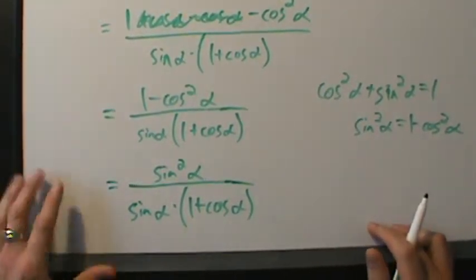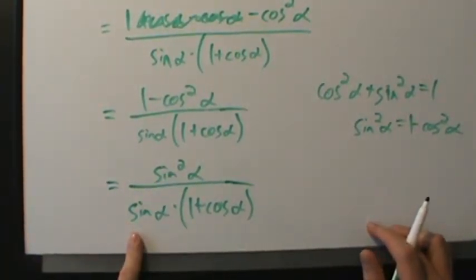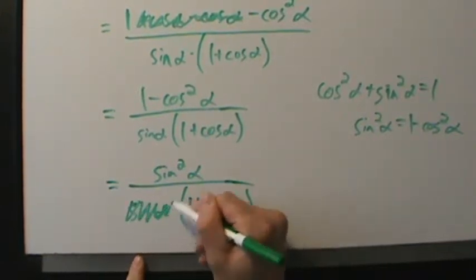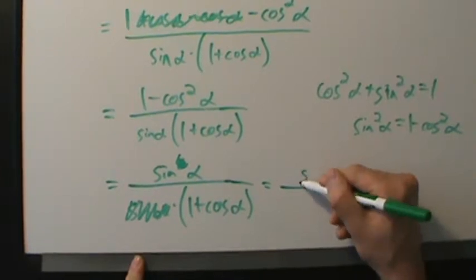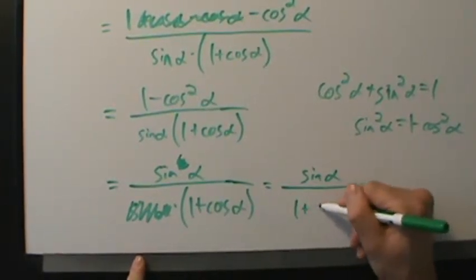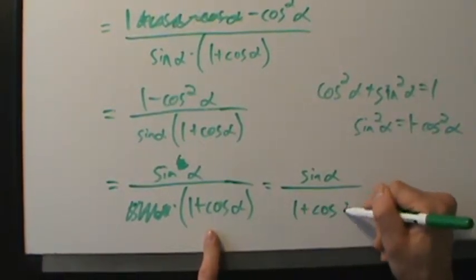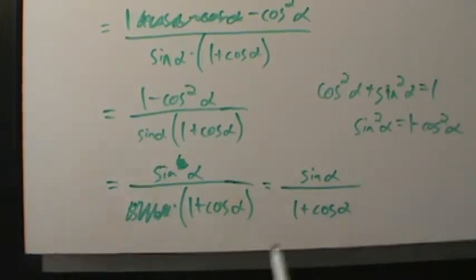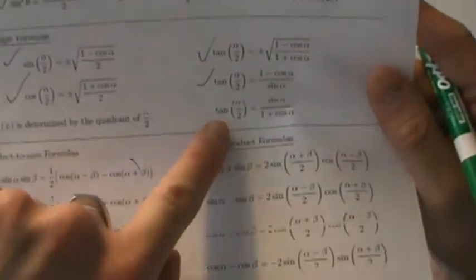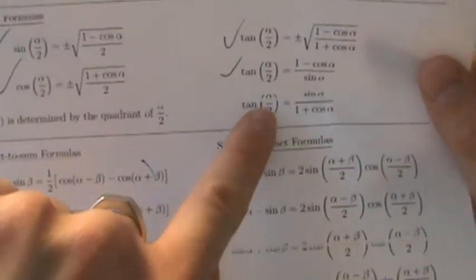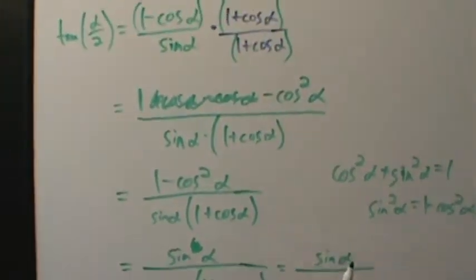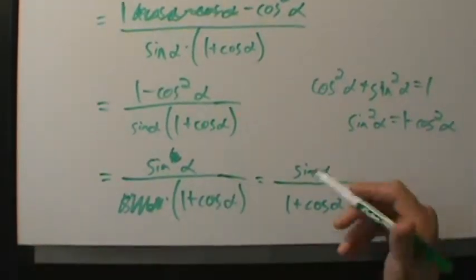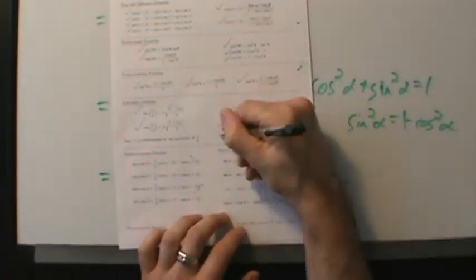Sine squared on top, plain old sine on the bottom, so the sine on the bottom cancels with one of the sines on top. What we're left with is sine of alpha on top, and 1 plus cosine of alpha on the bottom. And that establishes the third half-angle formula for tangent. Tangent of alpha over 2 is sine of alpha over 1 plus cosine of alpha. That's what we see right here.